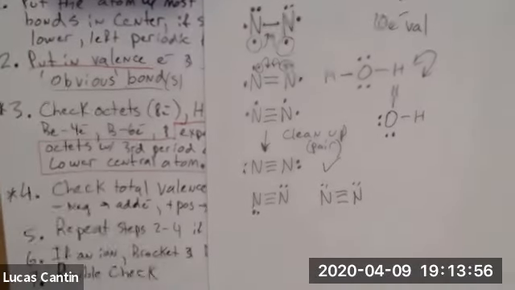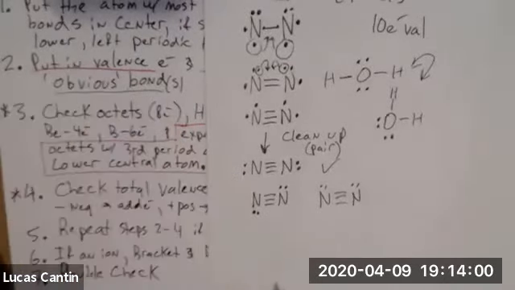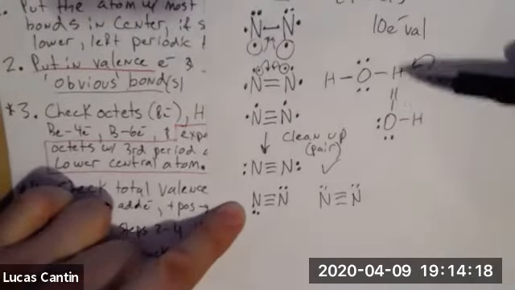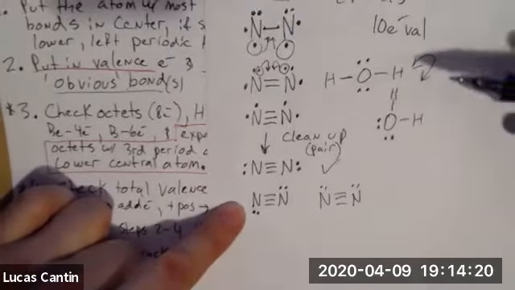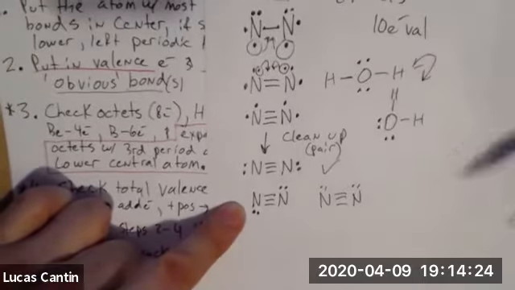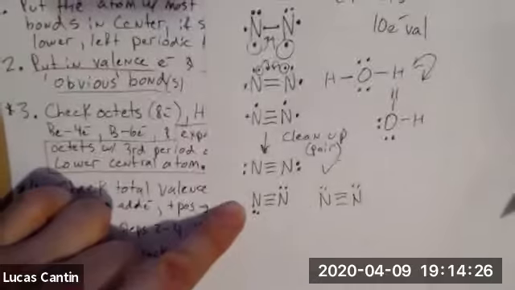At the end of the day, it doesn't matter which dots you move to the middle as long as you clean it up and pair it. Another question: for H2O, does it matter about the arrangement of the H atoms? What I'm saying is this one or this one are both valid answers. Because all you've done is meet the octets and meet the total valence. That's all you have to do.